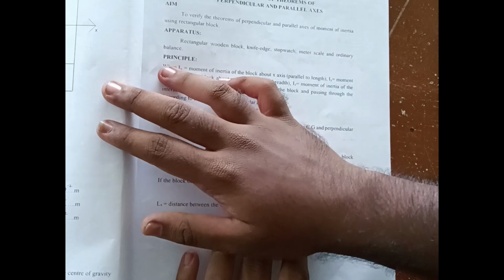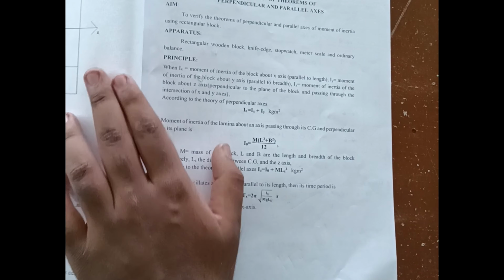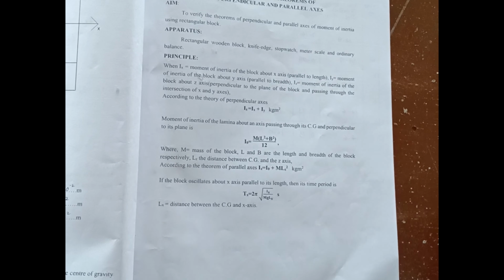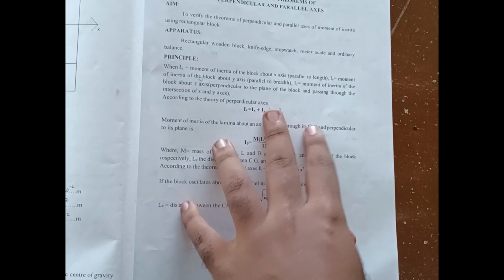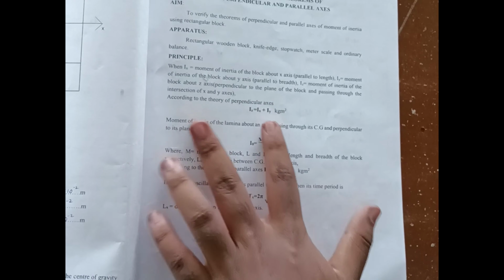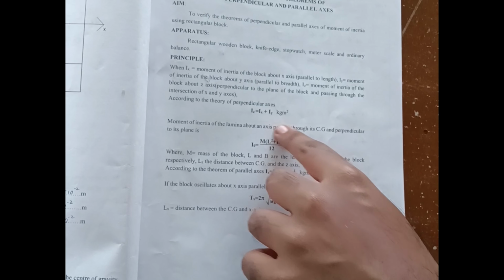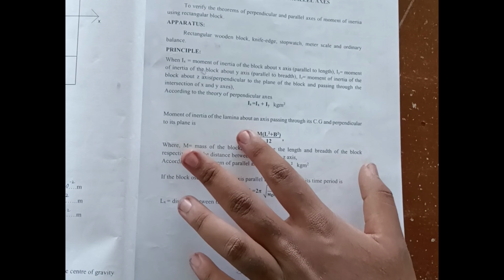Ix is the moment of inertia about the x-axis, which is parallel to the length. Iy is about the y-axis, and Iz is about the z-axis, passing through the intersection of the x and y axes. According to the theorem of perpendicular axis, this is the formulation given.